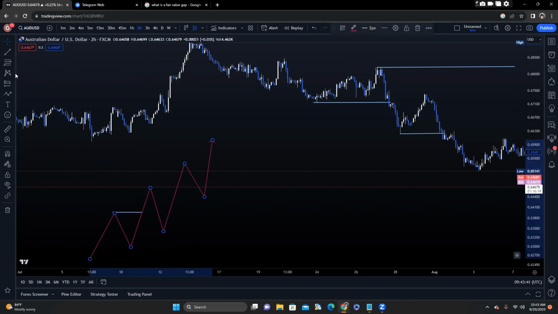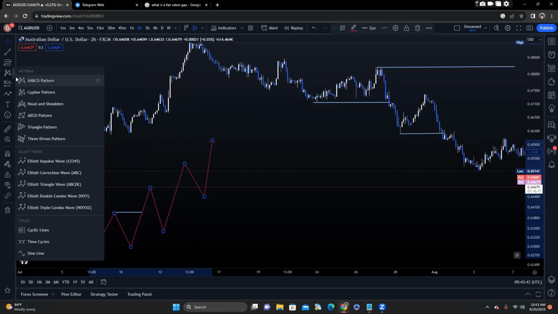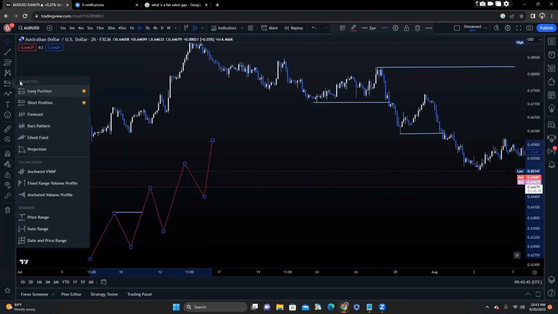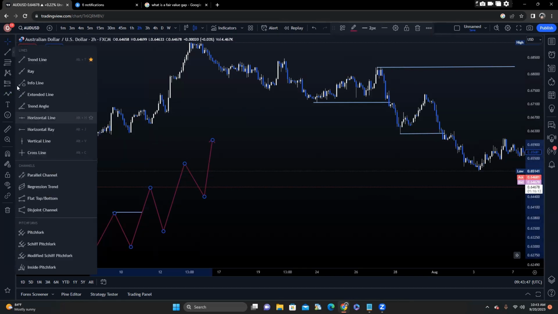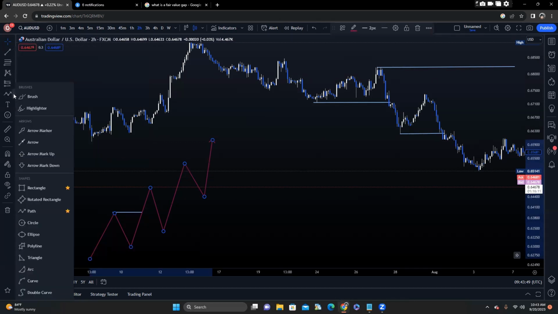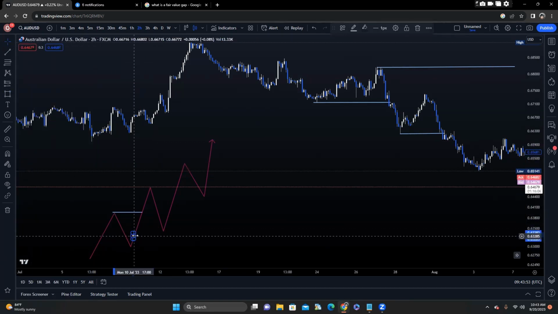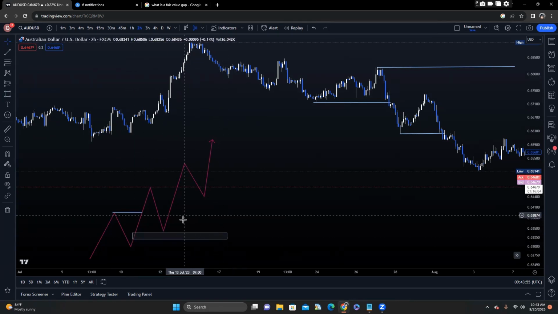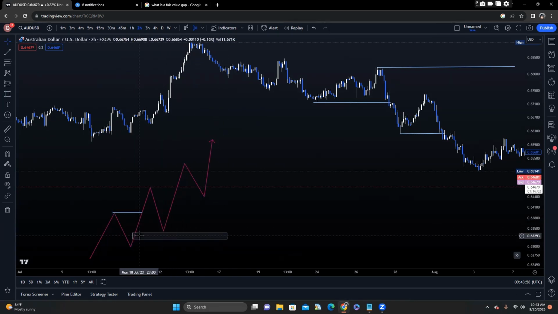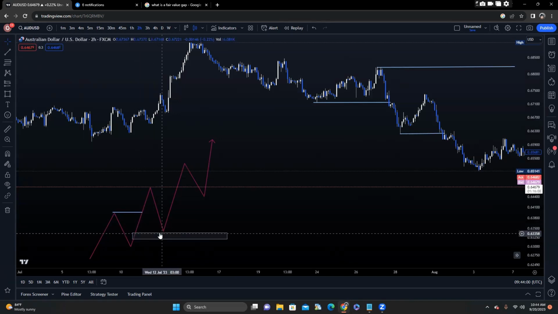So more often than not, what we want to see is something like this. We want to see an order placed somewhere around this area, right? This would be where ideally our order block might be, and I will explain why. I just want you to first get the concept, right?